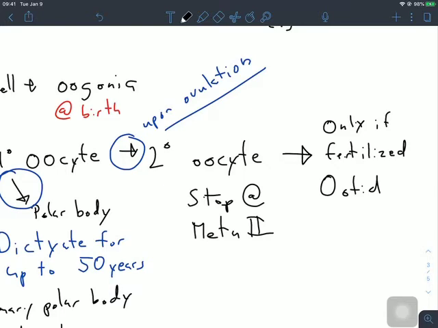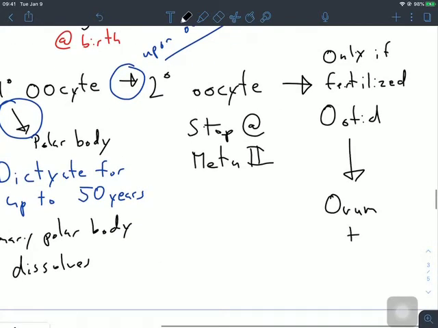The ootid is what's occurring when you have the secondary polar body being ejected and the correct chromosome count now occurring within the egg. This is happening after a sperm has already made its way in. Minutes after fertilization, the ootid forms, and then the ootid matures into an ovum that now can fuse with the sperm's nucleus in order to form the zygote.